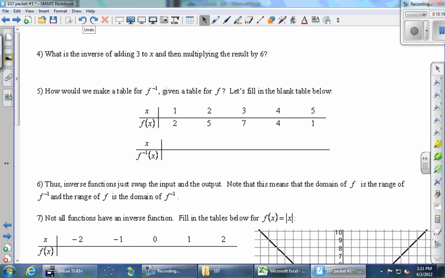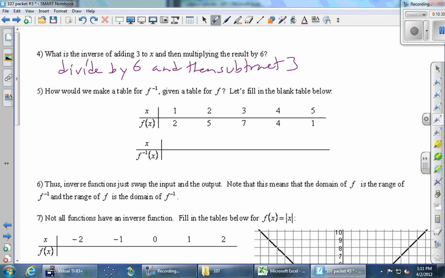So first divide by 6, and then subtract 3. You guys agree? Multiplying by 1/6 is the same as dividing by 6. Yeah. What's that, Derek?